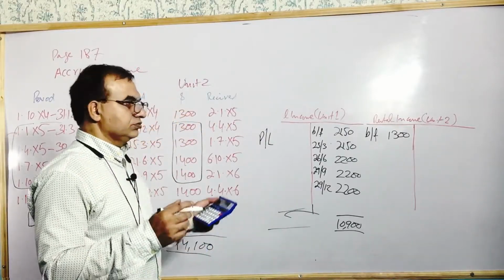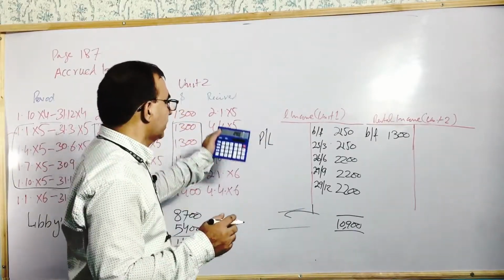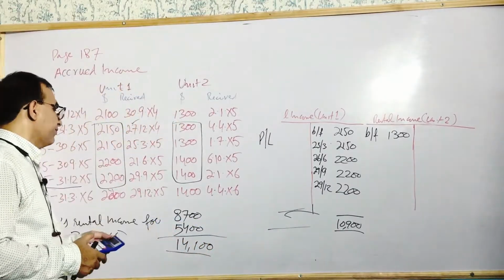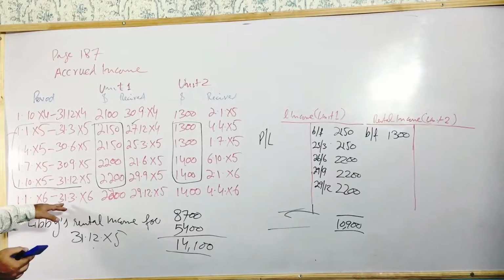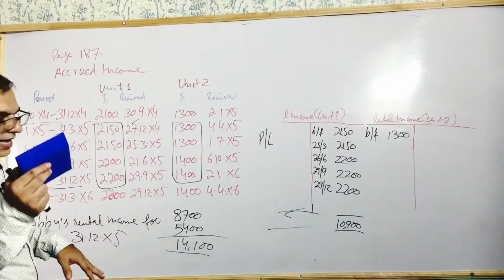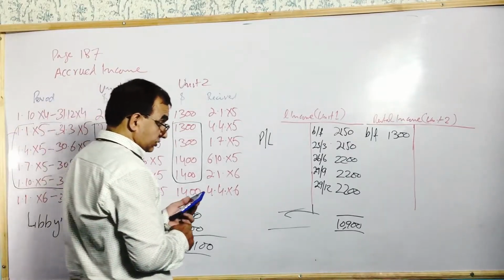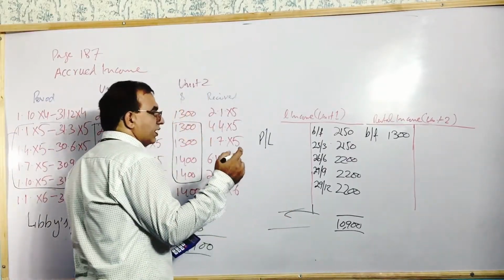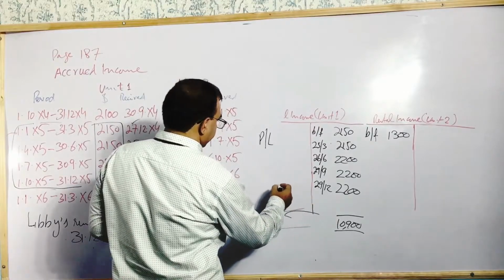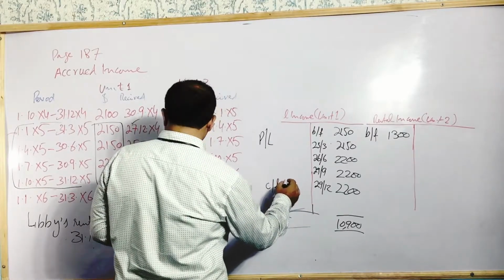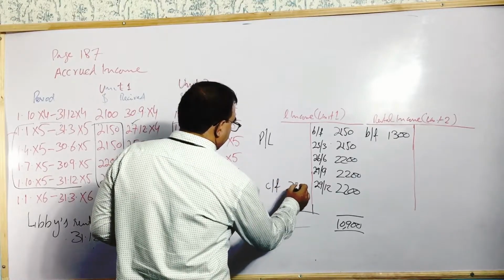Now we know that this is all is not income, whatever we have received, because we have received something, this last payment, which belongs to the next year. So that's not our income. That is something received in advance, liability. So that will come as closing balance carried forward.